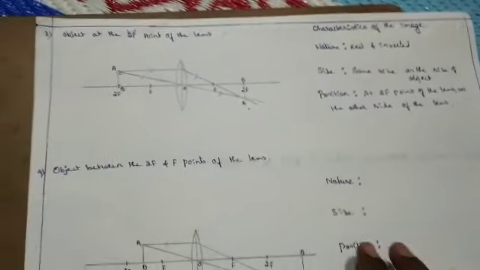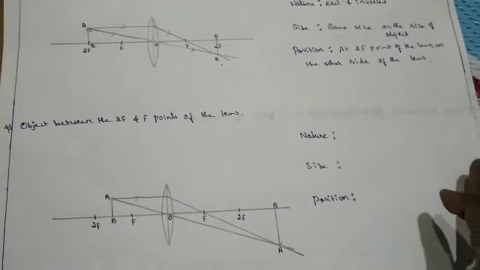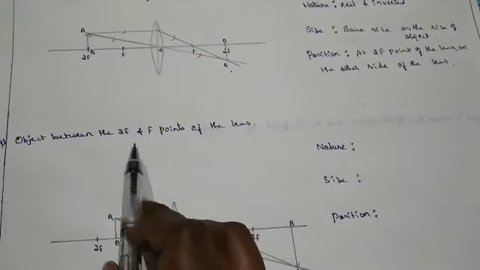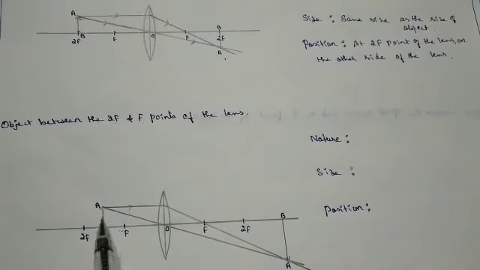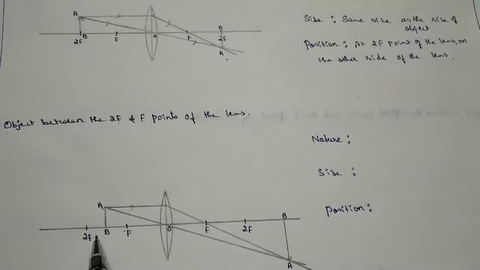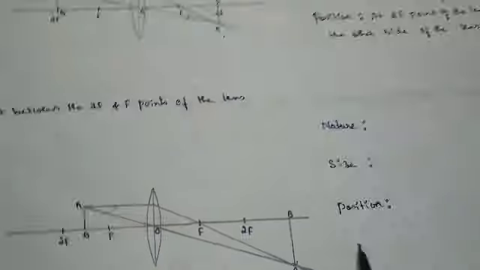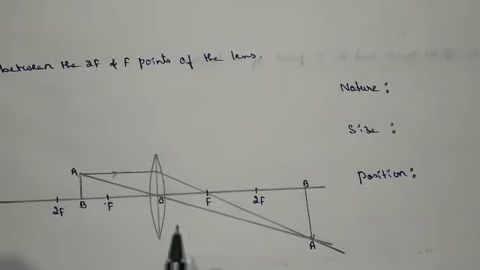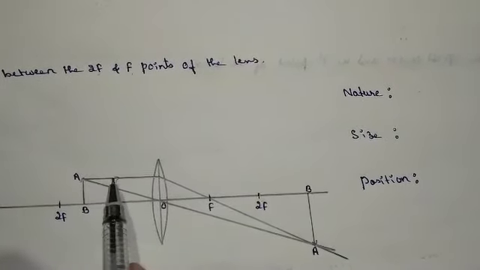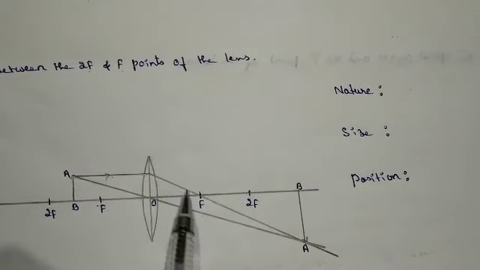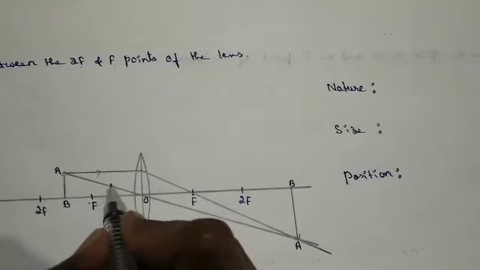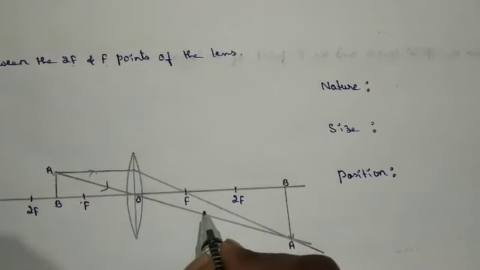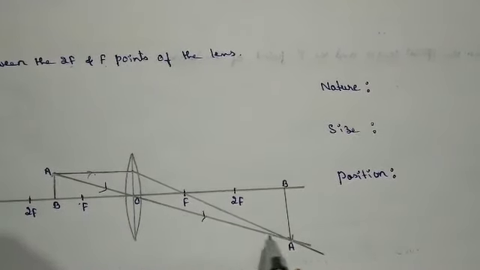So if we move towards the fourth case, that is the object is placed between 2F and F. You can observe here, the object is placed between 2F and F. Similarly here also one incident ray is parallel to the principal axis and passes through the focus. The other ray passes directly through the optical center and gets undeviated.